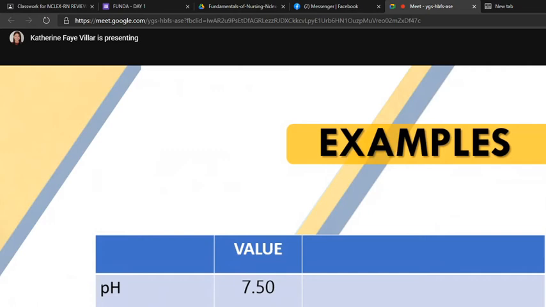Ano po muna yung interpretation mo sa pH? pH is alkaline, right? Okay, PCO2 is 50.